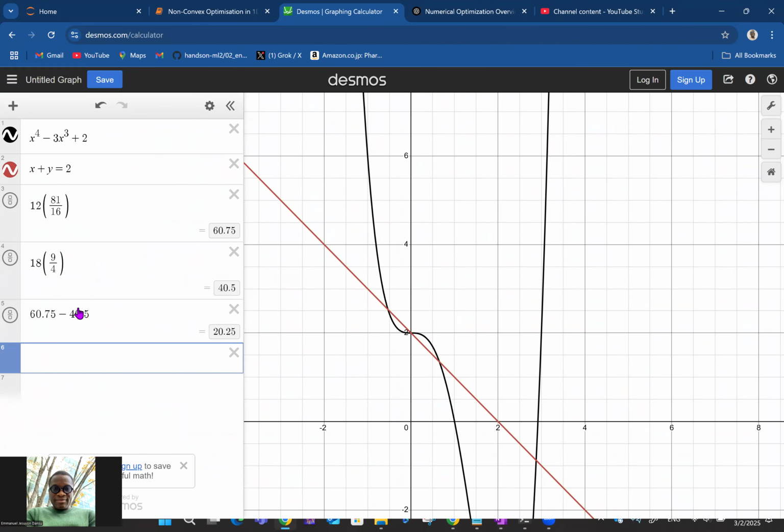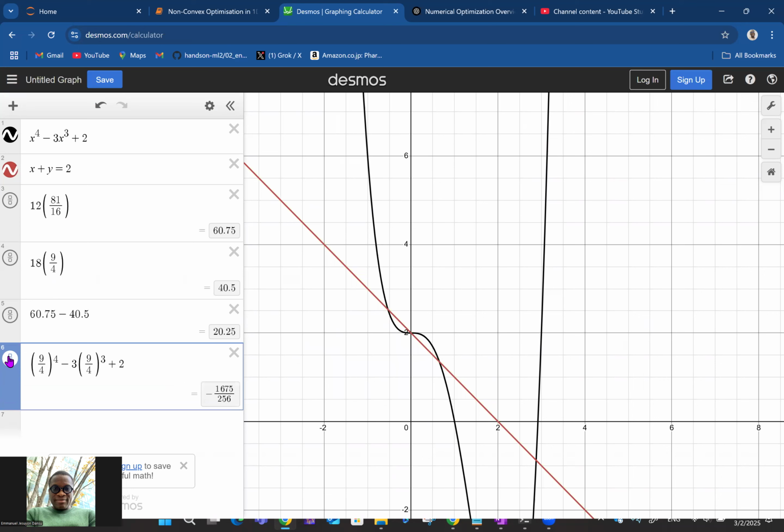So we have 9 over 4 raised to power 4 minus 3 into 9 divided by 4 raised to power 3 plus 2. So that's what we have. We can even have it in fraction.